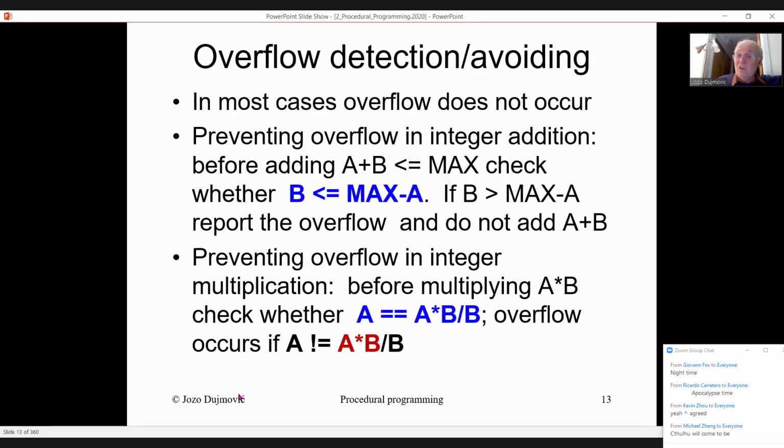But if A is different from A times B divided by B, never multiply A times B. So you can put these things in a critical part of code, but you have to write more code, and it becomes less readable and slower, which is also not good. But you cannot have a free lunch. You have to pay somehow for that.